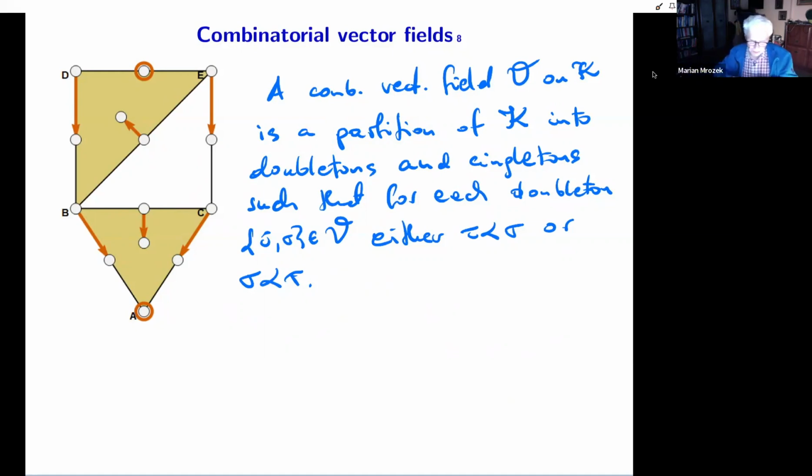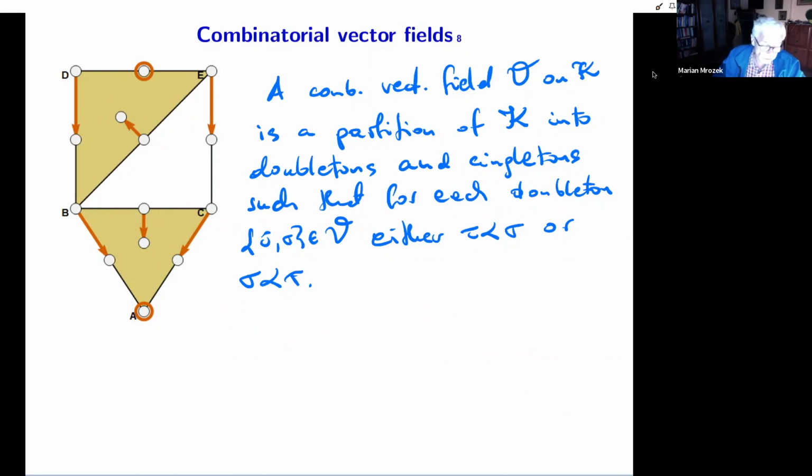So this is Forman's concept of vector field, the combinatorial vector field. And I have to admit that when I saw it the first time, it looked very strange to me and not convincing. But the beauty of this is that with this simple tool, he was able to construct an exact analog of classical Morse theory, and he did not require any smooth manifold.